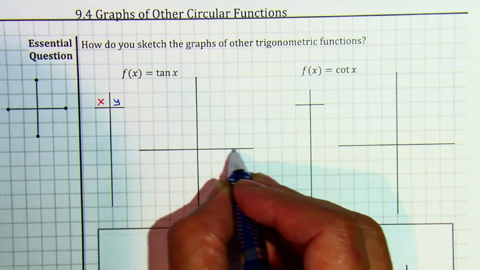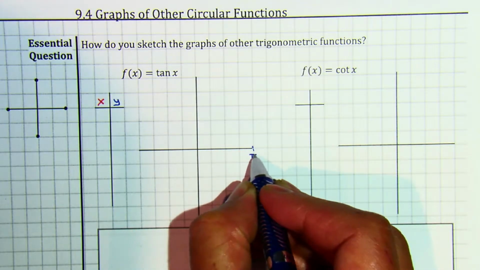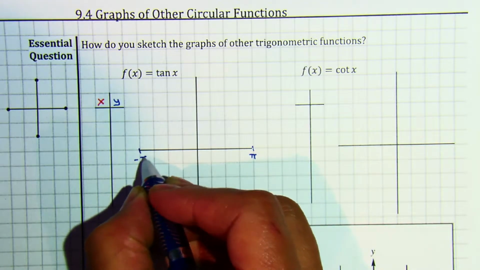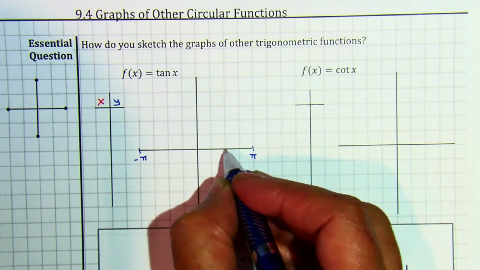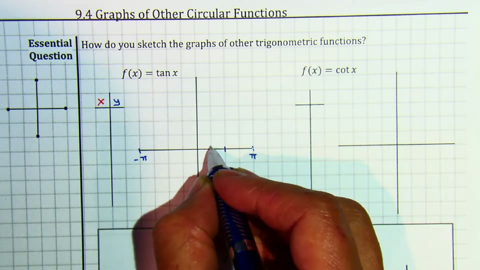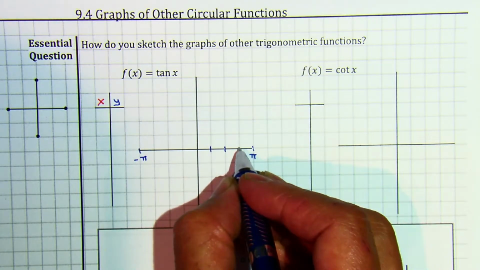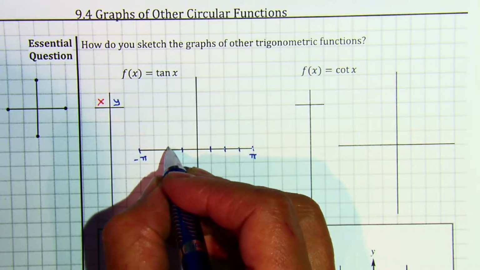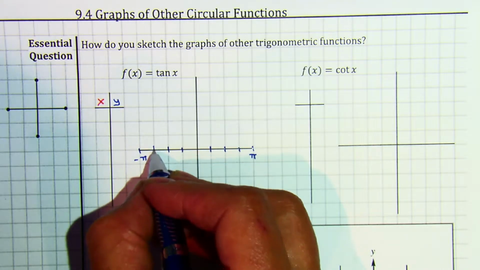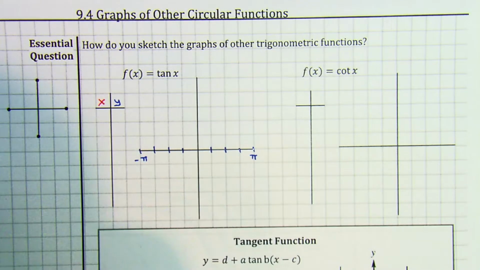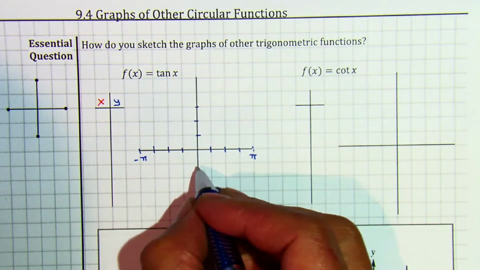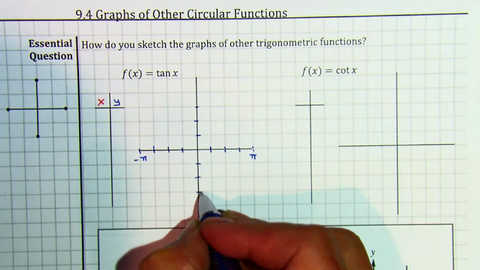So 1, 2, 3, 4 will be pi. 1, 2, 3, 4 will be negative pi. This is pi over 2, pi over 4, 3 pi over 4, and negative pi over 4, negative pi over 2, negative 3 pi over 4, and negative pi. On my y-axis will be 1, 2, 3, negative 1, negative 2, negative 3, negative 4.